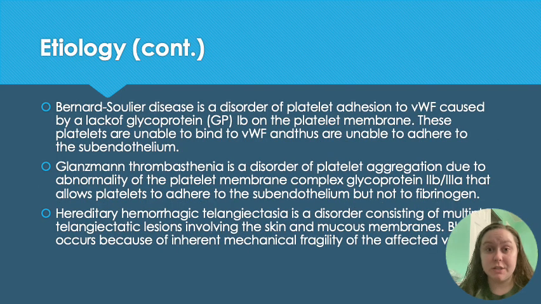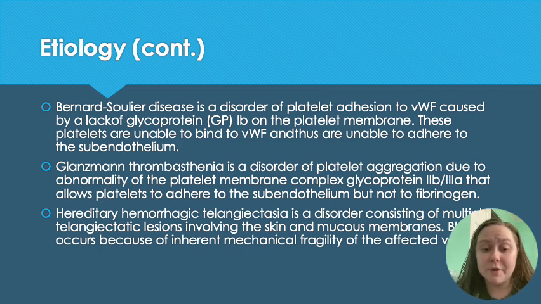Okay, etiology continued. So Bernard-Soulier disease is a disorder of platelet adhesion to VWF, which is caused by a lack of glycoprotein Ib on the platelet membrane. These platelets are unable to bind to VWF and thus are unable to adhere to the subendothelium.